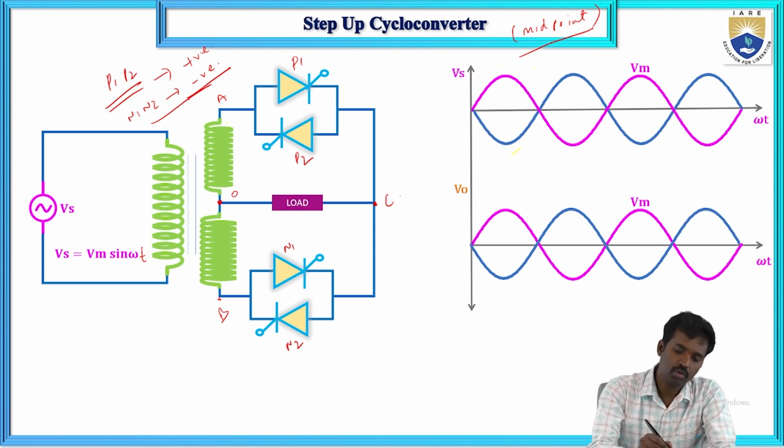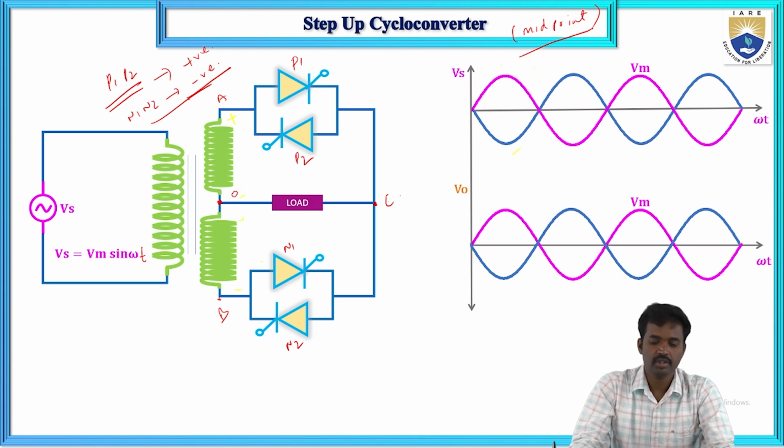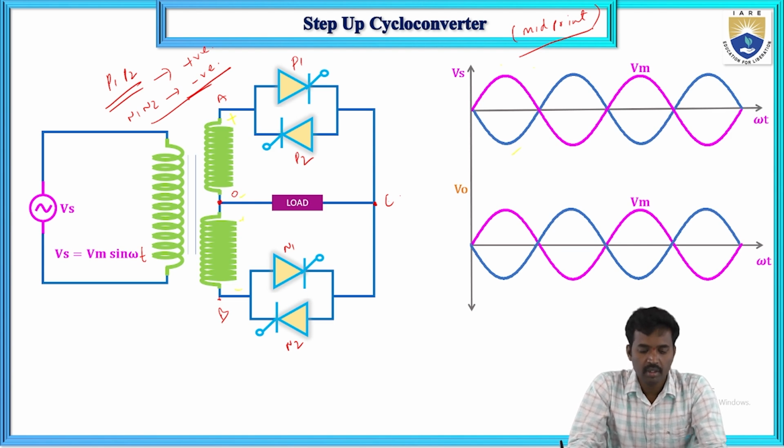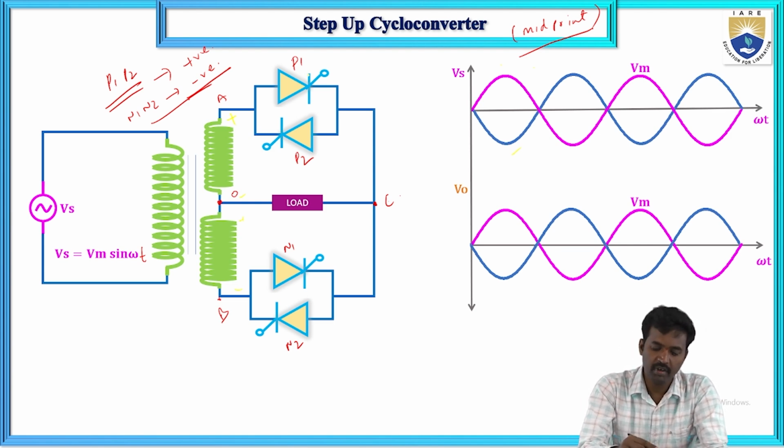During the positive half cycle we will have plus and minus, and next here plus and minus. First, the plus terminal: P1 and N2 thyristors will conduct.